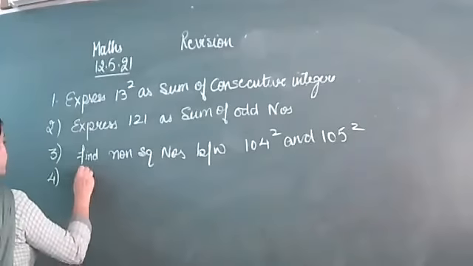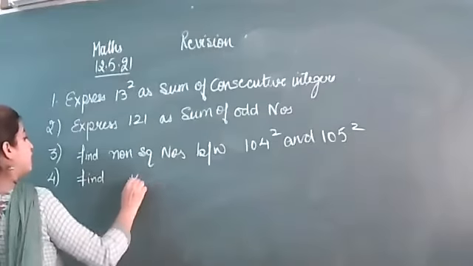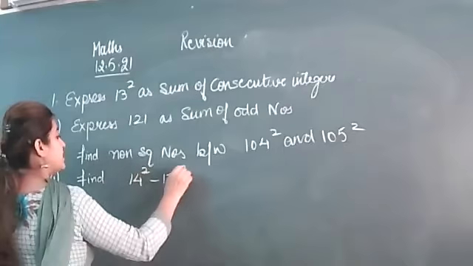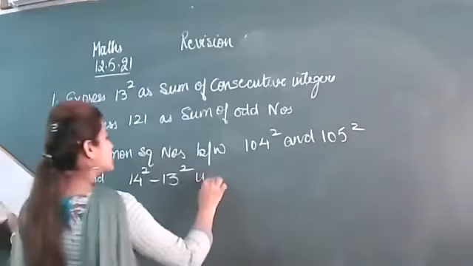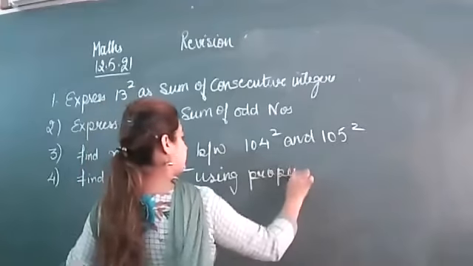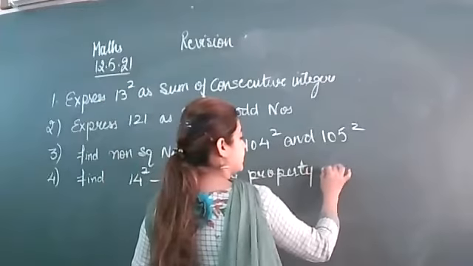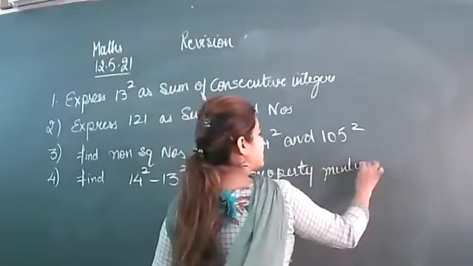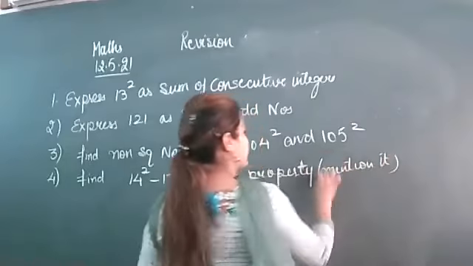Next is find 14 square minus 13 square using property. Mention it, means you have to write the property.